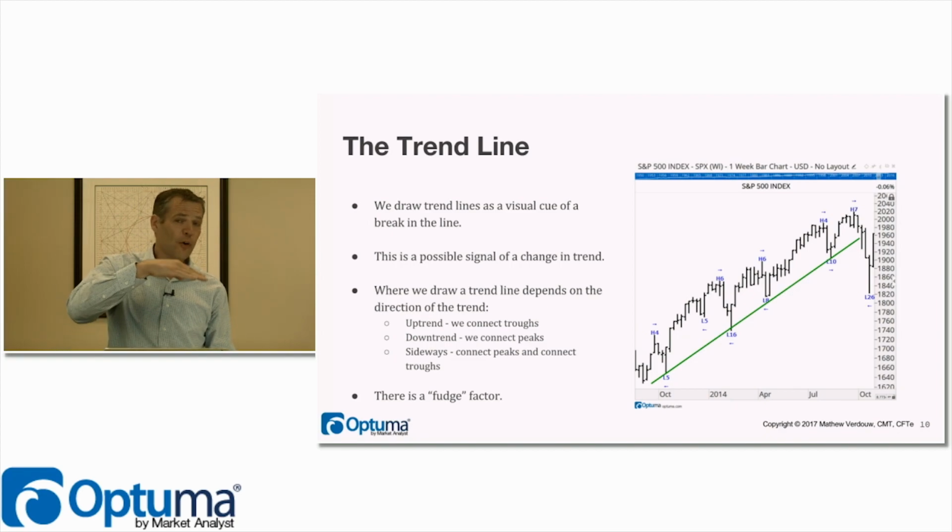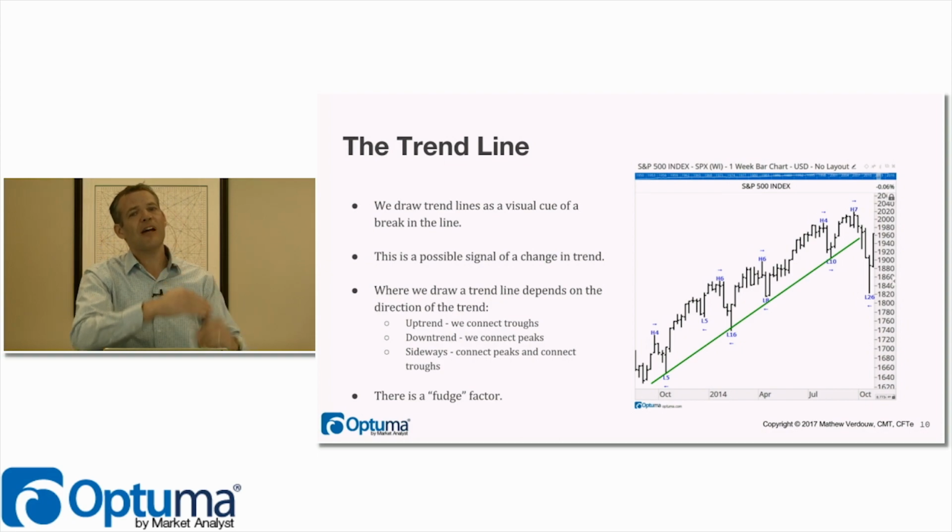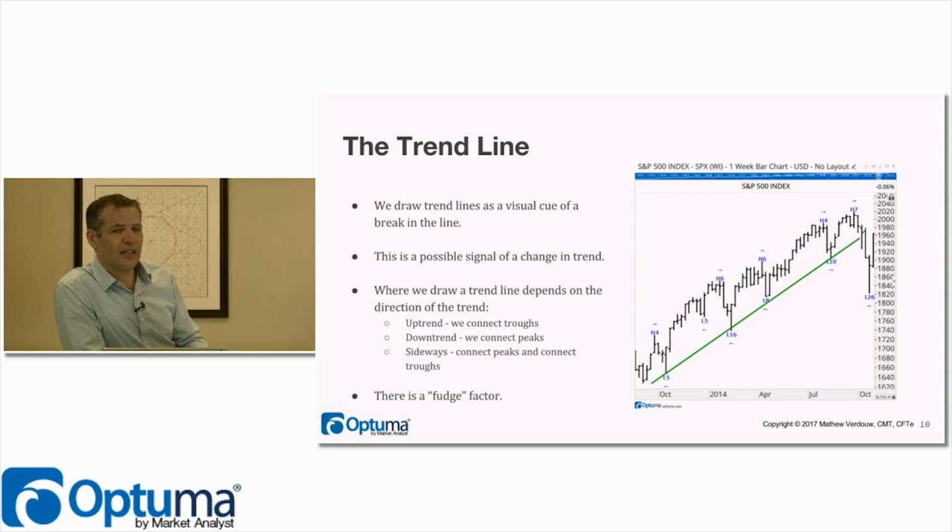If the market was falling, then we do the opposite, and we put the trend line on top because we're looking for peaks that start breaking through that trend and giving us an idea of a change in trend there. If it was sideways, we'd actually connect both, the peaks and the troughs, because we're looking for a breakout from that range. And we talk a lot about that in the section on chart patterns.